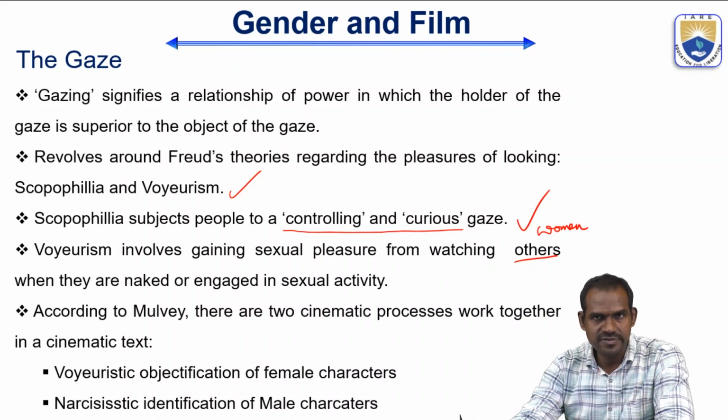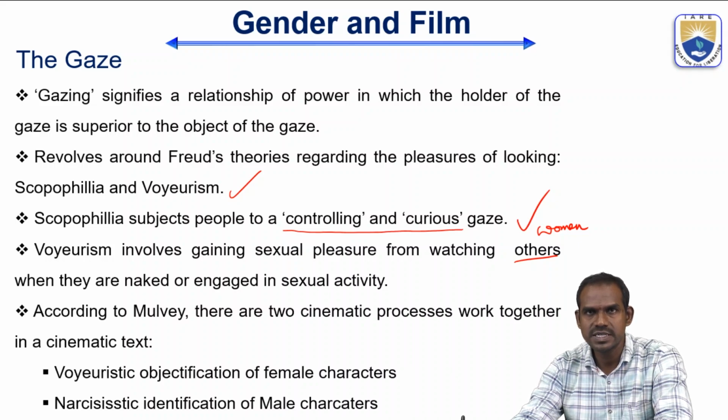And according to Laura Mulvey, whom I have discussed in previous slides, in the 1970s she wrote an article on the Male Gaze. Okay, what Mulvey said, there are two cinematic processes working together in a cinematic text. So what are the two cinematic processes?